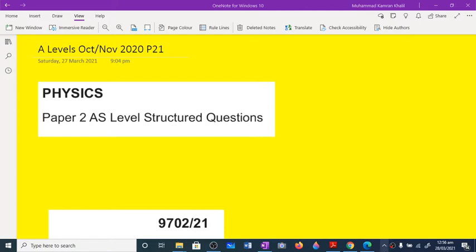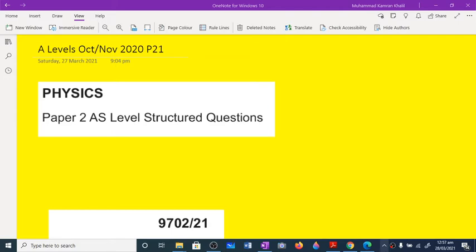Today I will discuss in detail the A-level physics paper 2 AS level structured question October-November 2020 variant 2-1. In this paper, first I will give you the detailed solution, and then I will discuss the common mistakes which the examiner has represented in the examiner report.